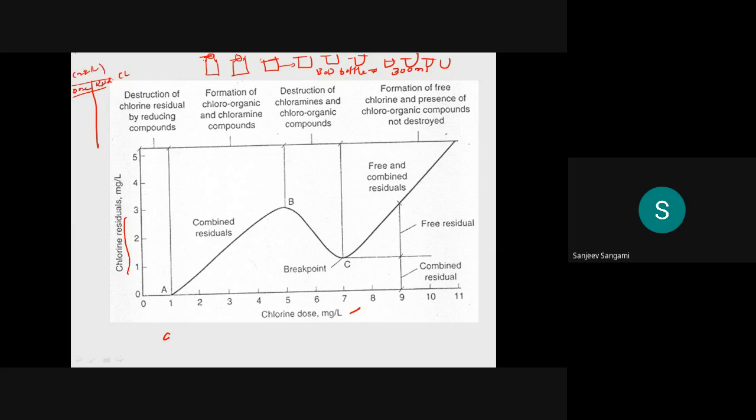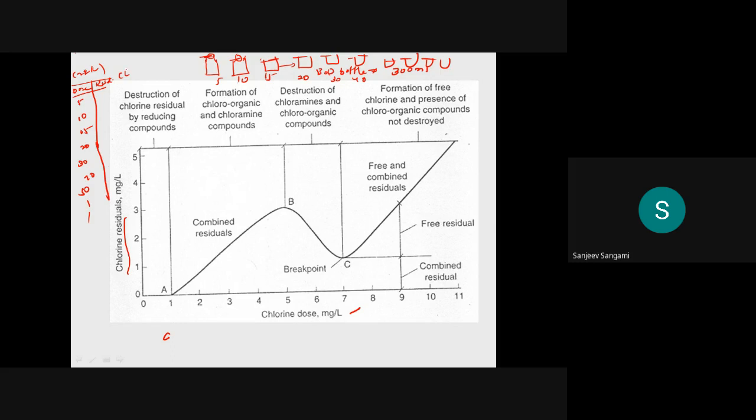For example, you start with 5 milligram, 10, 15, 20, 30, 40, and like that you increase it, 50, and you continue.